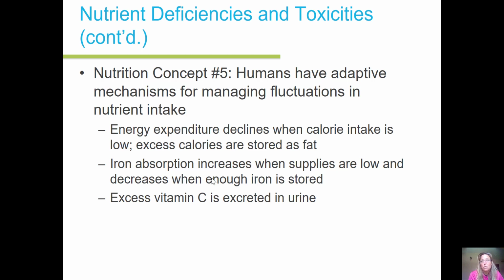But if your iron stores within your body are already high and you still ingest a food source that's rich in iron, your body will not absorb any of that iron in the food. And another adaptive mechanism is excess vitamin C. Anything over 100% of the RDA for vitamin C is simply excreted through your urine. Your body will only use up to 100% of the RDA.